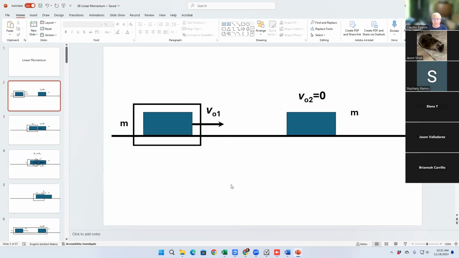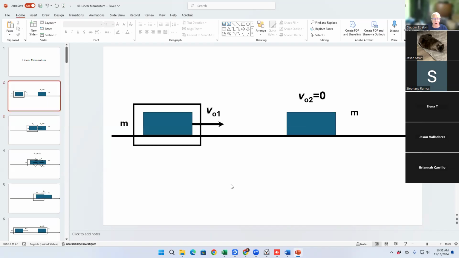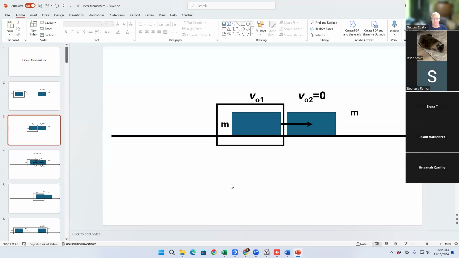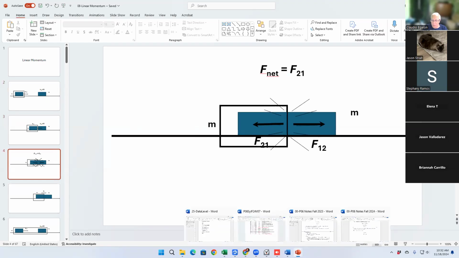So between this instant, t equal to zero, and this other instant, just before the collision, we did have conservation of linear momentum on object number one, right? But the moment that we have the collision, we do not have conservation of momentum anymore because there is this force being acted on object number one. Okay? Think about that. So let's write that down here.